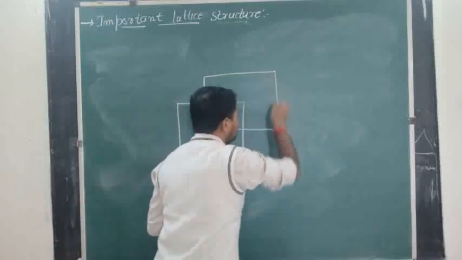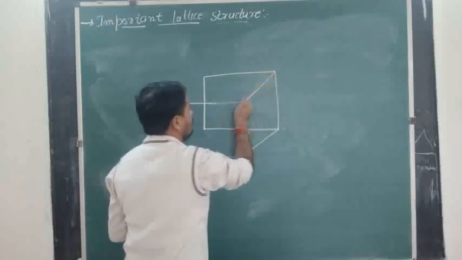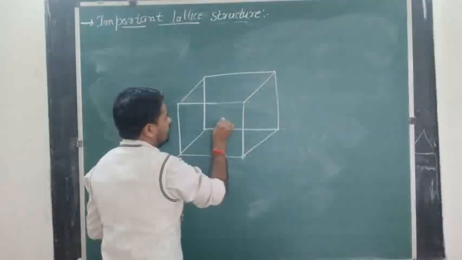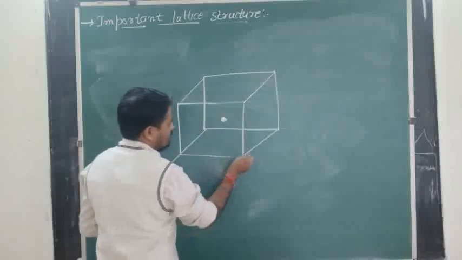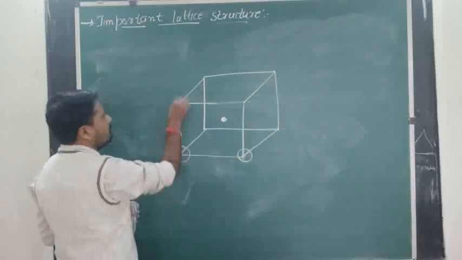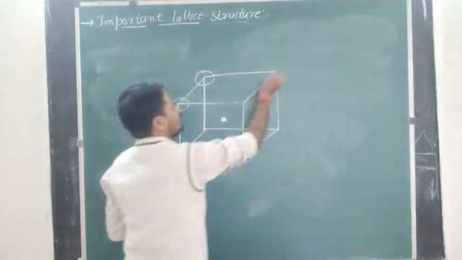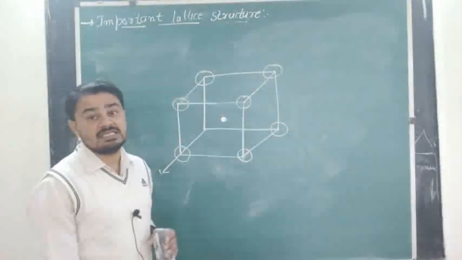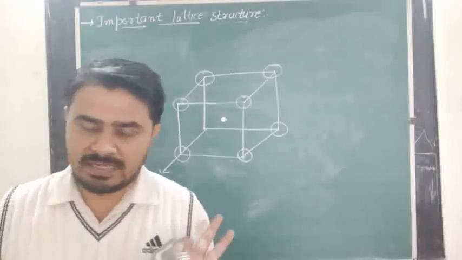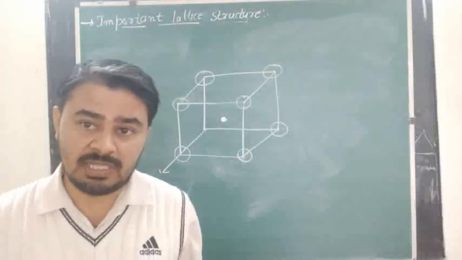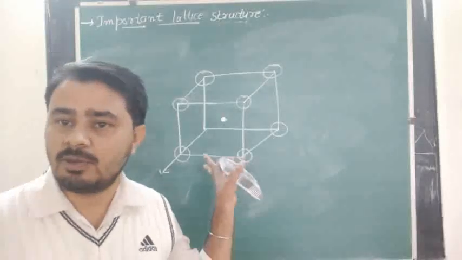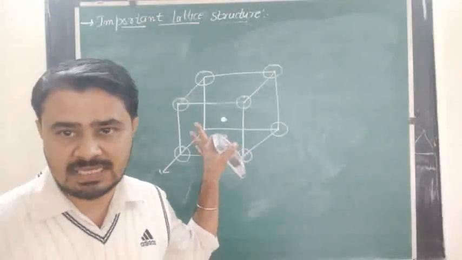Eight atoms present at each corner and 1 atom in the center of the body. Now you know that the corner atoms do not touch each other, but the center atom which is present in the body touches them in the model. But while drawing, we will draw it as such.